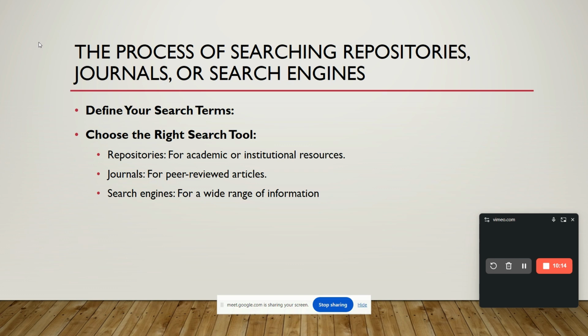Okay, so I was just sharing different platforms that you can use, or the different categories of open access resources. So we have repositories, we have journals, we have search engines.